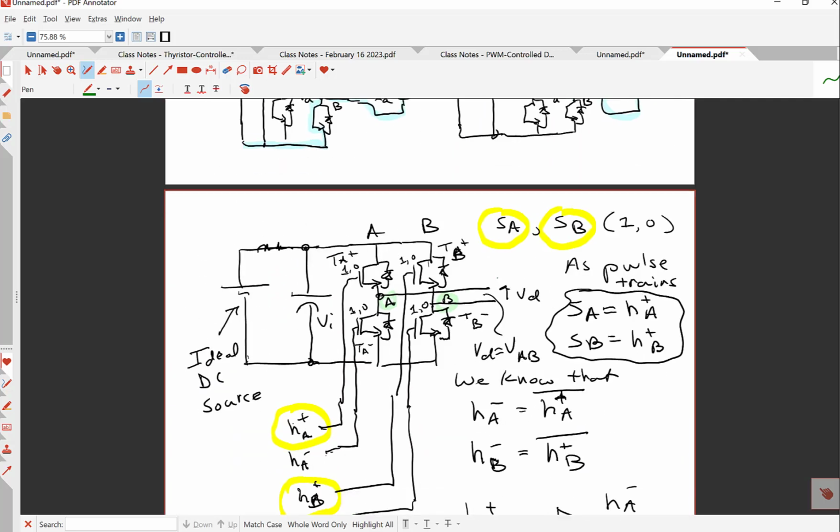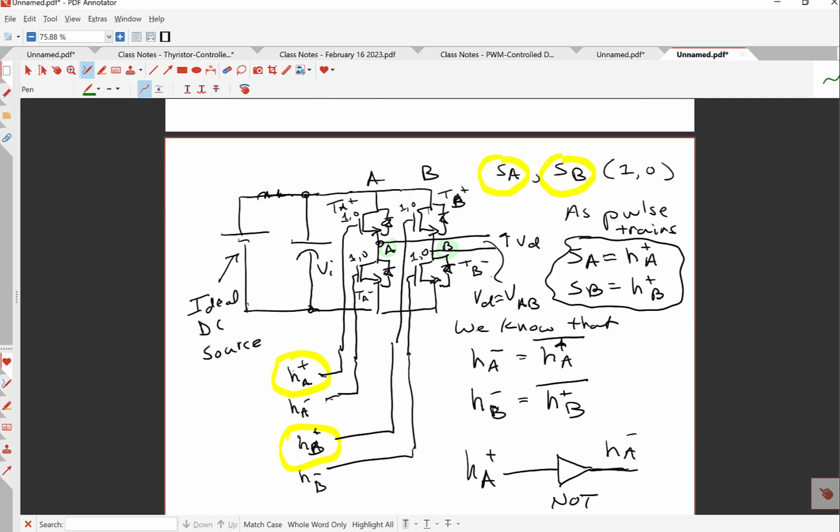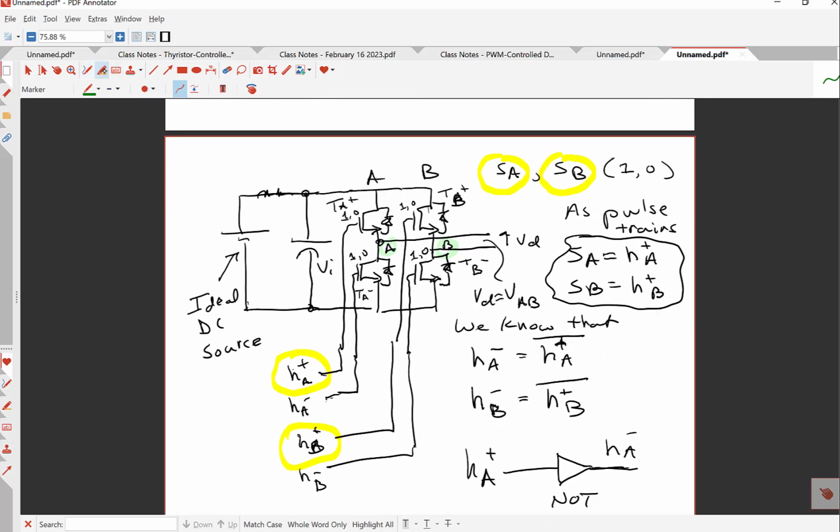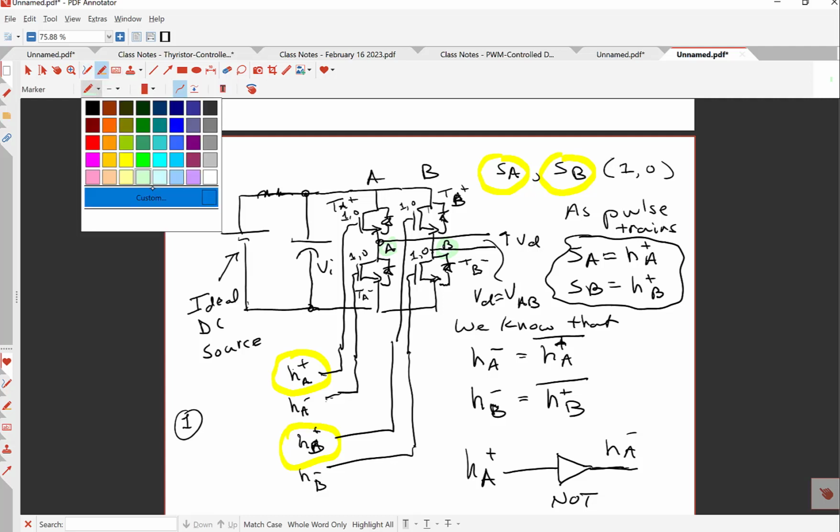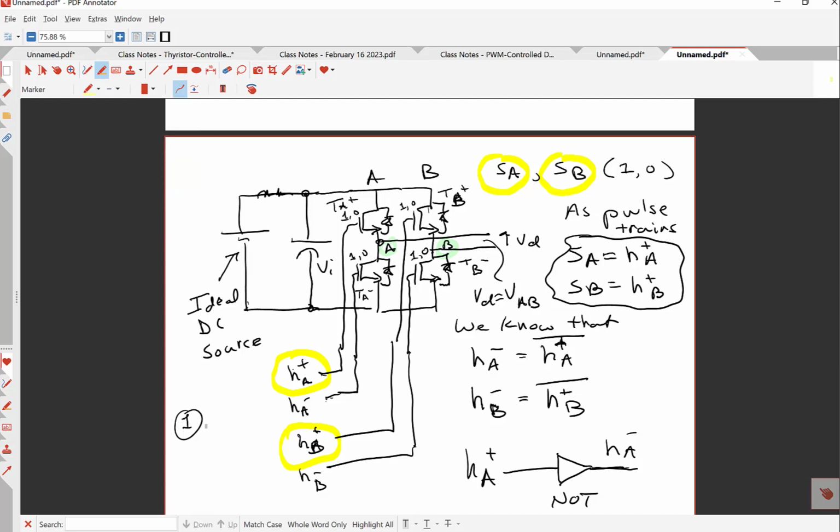Going back up then, during state 1, I'm going to give it the color yellow. Okay, and then during state 2 we'll color the path with, say, orange.